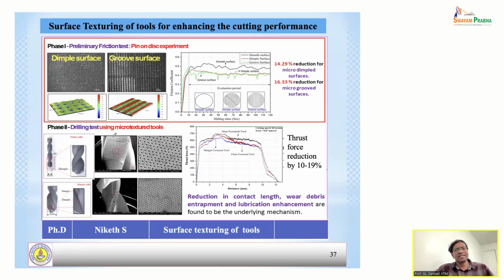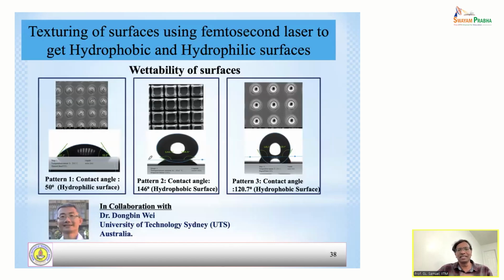Dr. Niket has completed his PhD. He has worked on making these kinds of structures on a drill bit tool, by means of which the friction is reduced, and we are able to see that the cutting forces were also decreasing. We'll also look at the details a bit later.